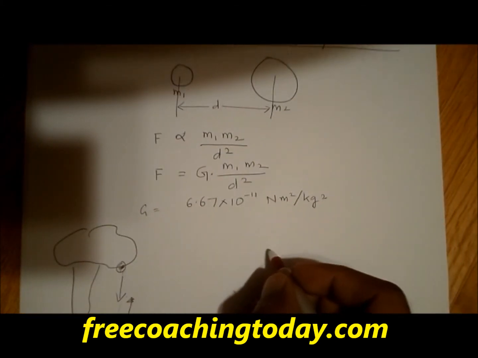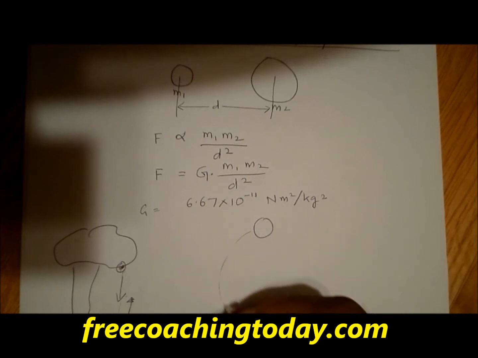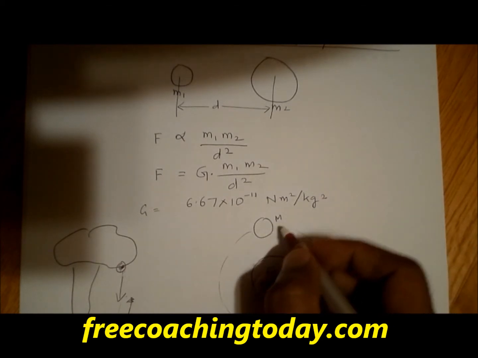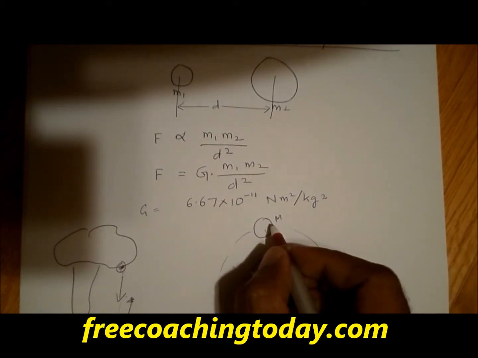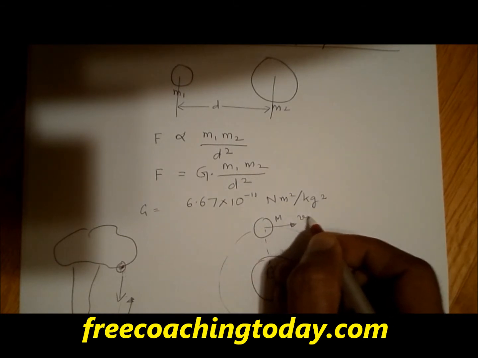Now let's see what happens when the moon revolves around the earth. We have the earth here and we have the moon here. The moon gets some initial horizontal velocity, something like v.